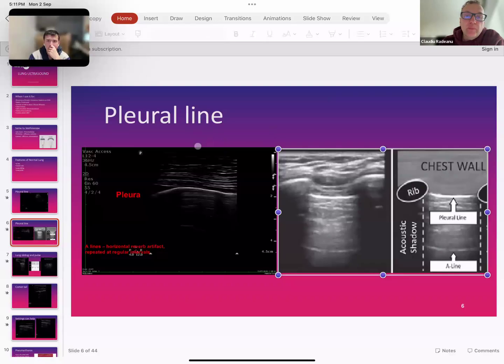ultrasound wave. It comes from this area. Okay, so it comes from the top, goes through the tissue, which is echogenic, so it allows the wave to pass through and hits the pleura. When the ultrasound wave hits the air, it reflects. So the ultrasound wave does not go through the air, and therefore it goes back towards the ultrasound probe.